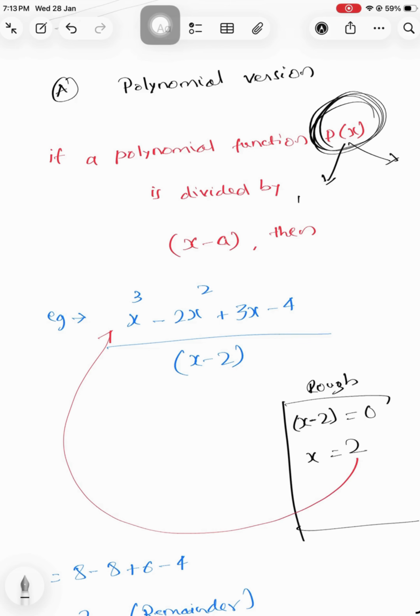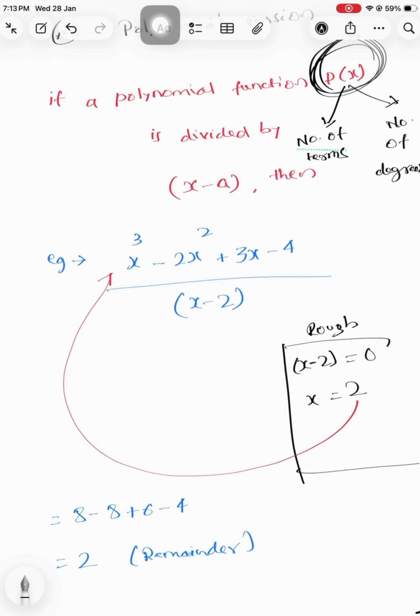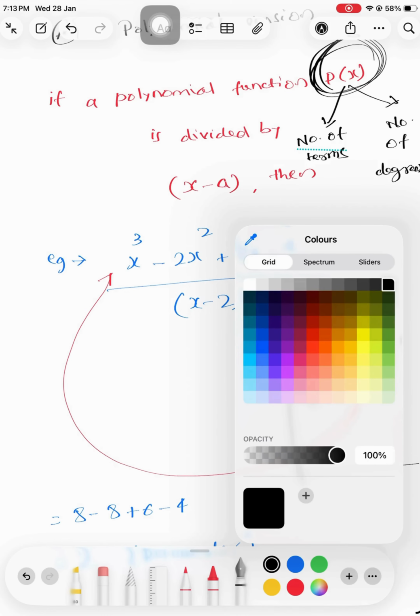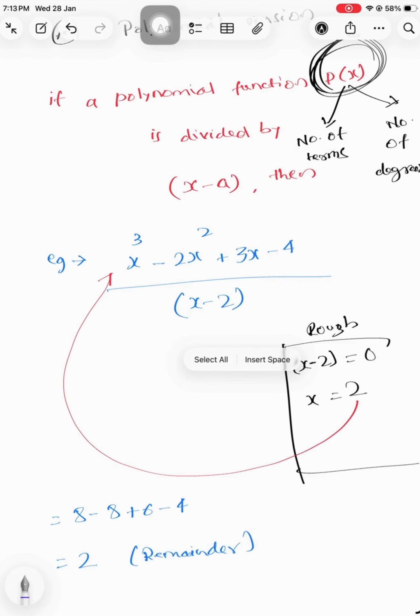Based on the number of terms, they are known as monomial, binomial, trinomial and polynomial, and based on degrees they are further categorized as linear, quadratic, cubic polynomial and so on. But again, this is not our discussion. We are only supposed to find the remainders for polynomial functions, even if expressed in ratio format.